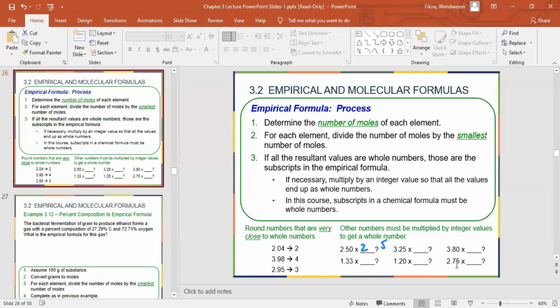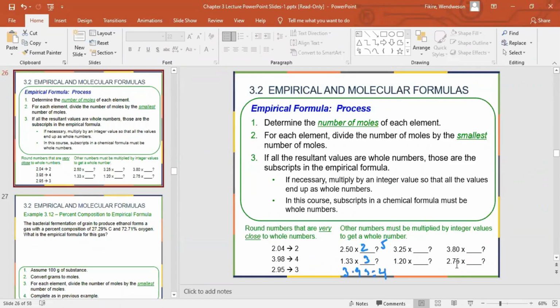What numbers bring 1.33 into a whole number? You can text me if you want to. What's that? 3. When you multiply 1.33 by 3, what do you get? You get 3.99. Very good. 3.99 can be rounded to 4. Excellent. So 3 would be the smallest integer.